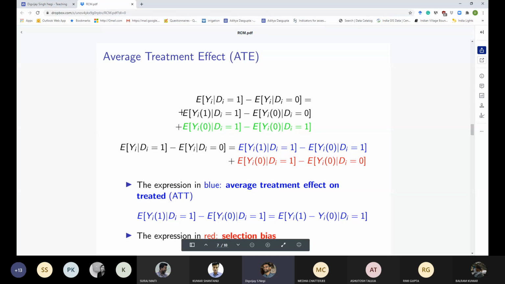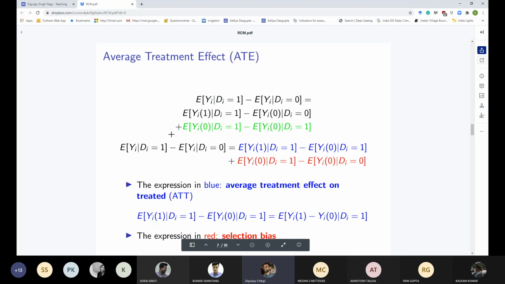So we can write this as the average of the potential outcome under treatment for the treated group, because this is what you observe for the treated group, minus the average value of the potential outcome under control for the control group, right? This is what you observe. So this expression is equal to this expression. Similarly, this expression is another way of writing this expression, right?